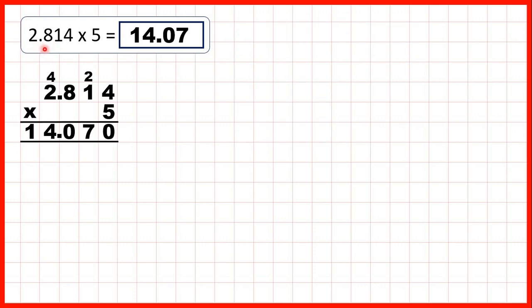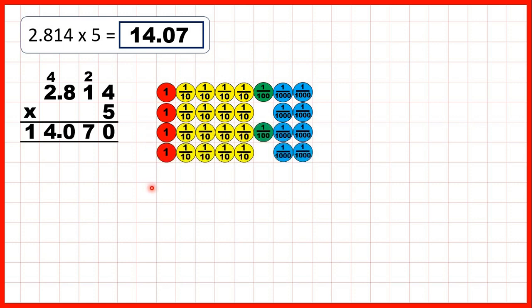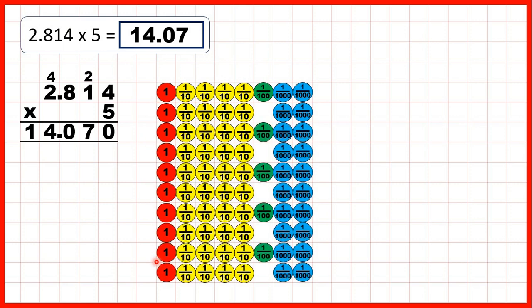Let's just take a look at this first question again. We had 2.814, so that's 2 ones, 8 tenths, 1 hundredth, and 4 thousandths. We were multiplying by 5, so we can show this 2, 3, 4, 5 times. Now, what we did was 4 times 5, and that gave us 20, and you can see that we have 20 thousandths.